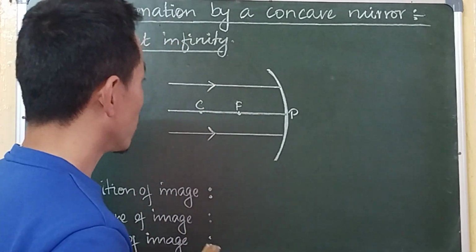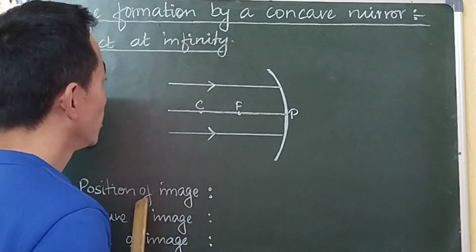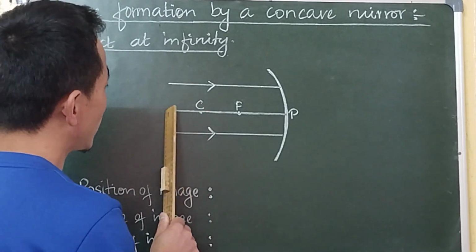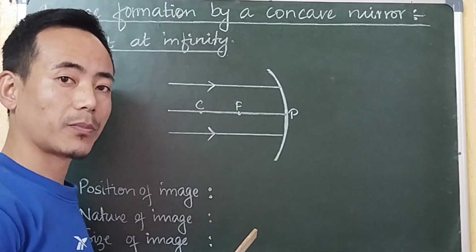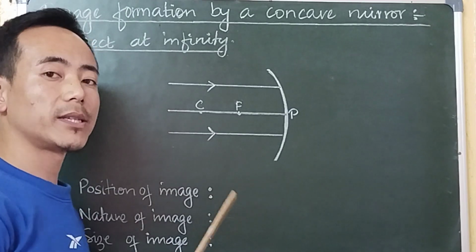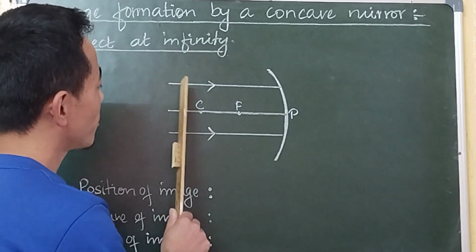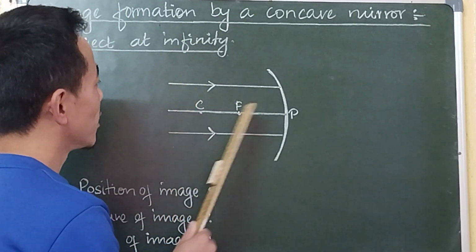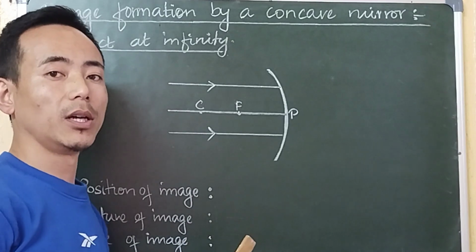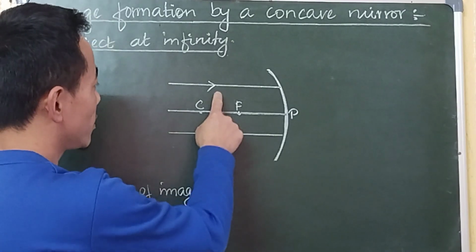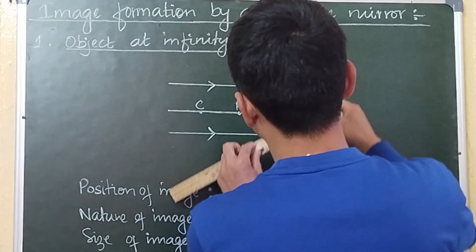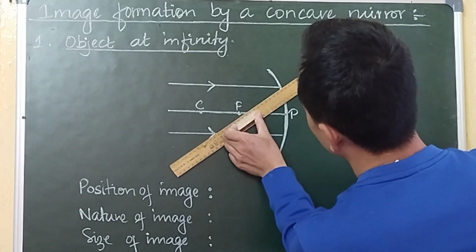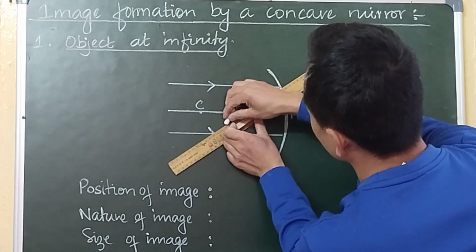Now we will follow rule number 1. Since these incident rays are parallel with the principal axis, rule number 1 says that whenever the incident ray is parallel with the principal axis, the reflected ray must pass through the focus. So these incident rays after reflection will pass through this point, which is called our focus.